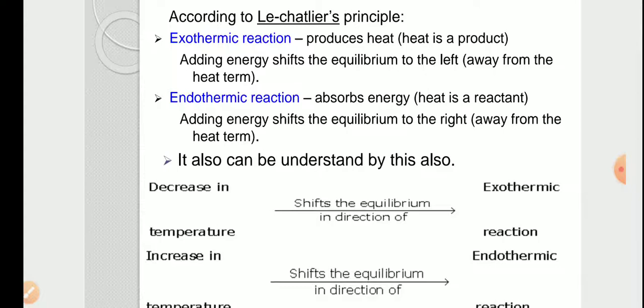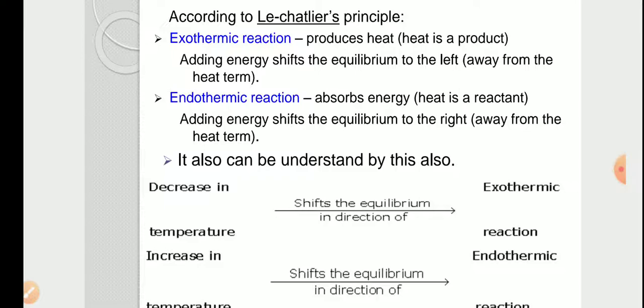But if you decrease the temperature for an exothermic reaction, then on the right hand side the heat will be consumed, so the forward reaction will take place to a higher extent. So for an exothermic reaction, low temperature is preferable, but high temperature is not, and the opposite is true for an endothermic reaction.